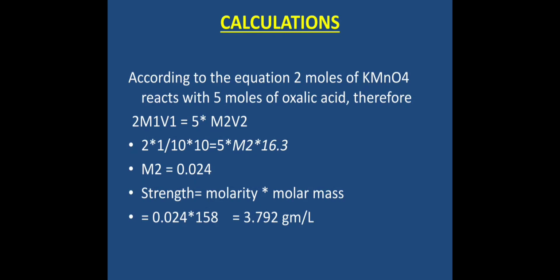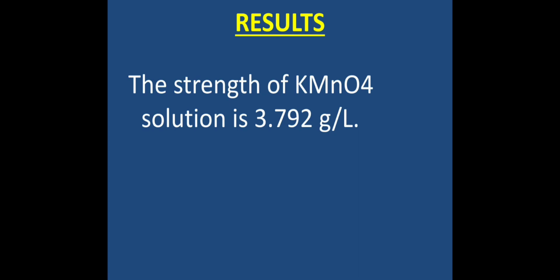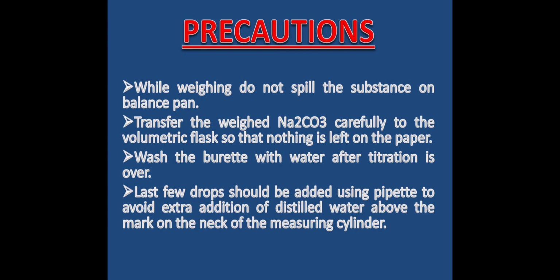Molarity is equal to 0.024. Molar mass of KMnO4 is 158. Therefore, we are getting the value 3.792 gram per liter. So, as the final result we can write the strength of KMnO4 solution is 3.792 gram per liter.